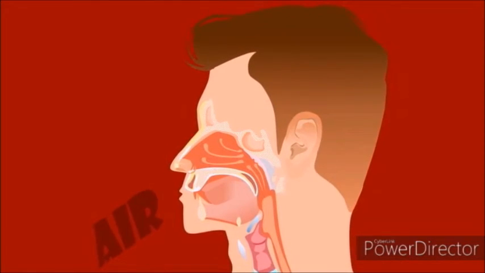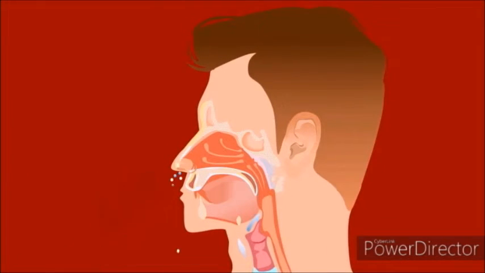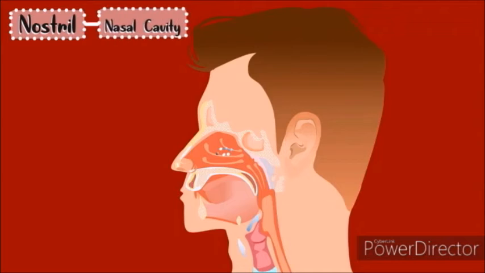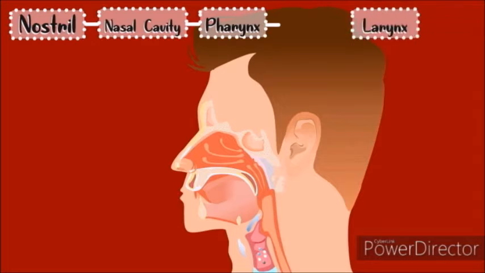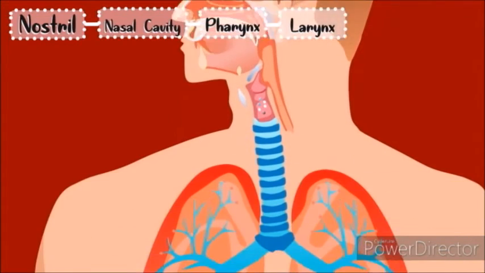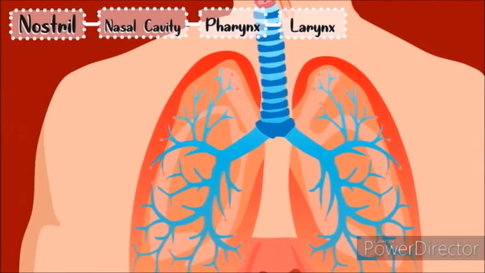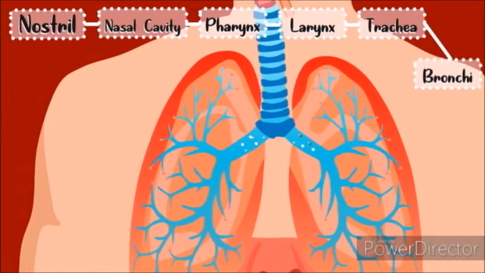When we breathe in or inhale, the oxygen-rich air from the environment enters the nostrils and goes to the nasal cavity and then to the pharynx and larynx, and then the air will be separated into the bronchi and then move towards the bronchioles and then the alveoli.